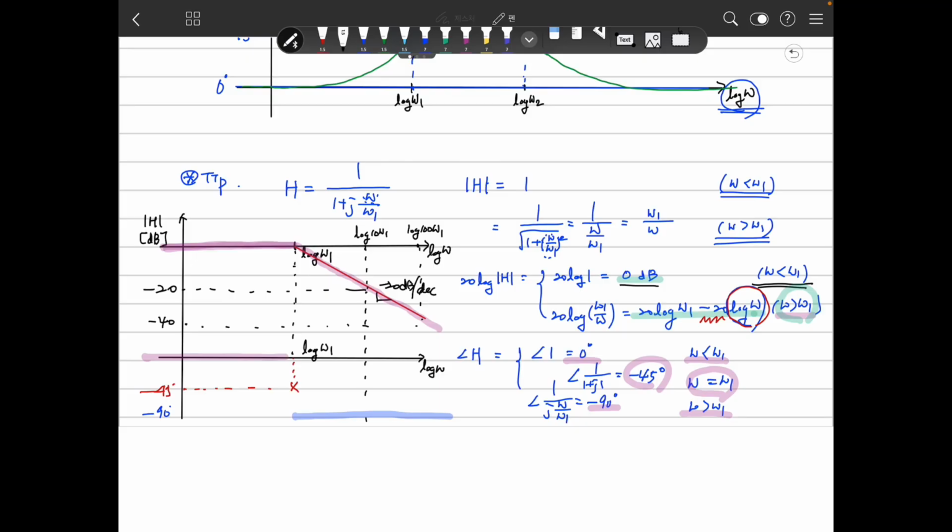So log 10 omega 1, and here is log 100 omega 1. We draw the line in this manner from here and this 45 in this manner here. This is a straight line here. This is the phase angle of this transfer function. This is a way how to draw the Bode plot.